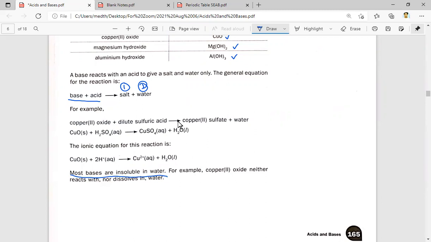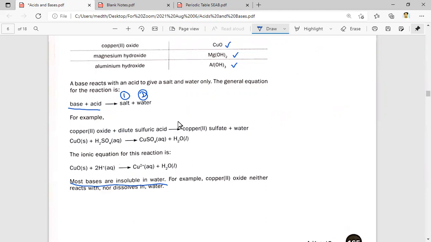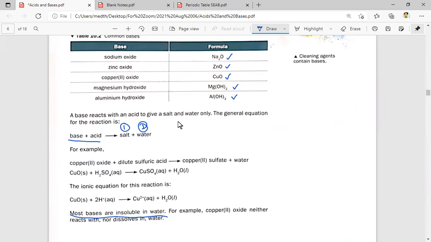All the common bases here, from sodium oxide all the way to aluminum hydroxide, these four at the bottom are insoluble. Only this one here is soluble. So most bases are insoluble as mentioned.